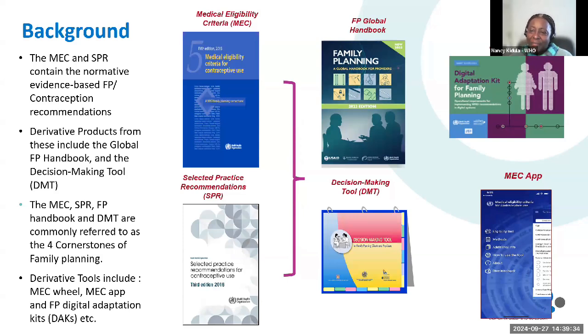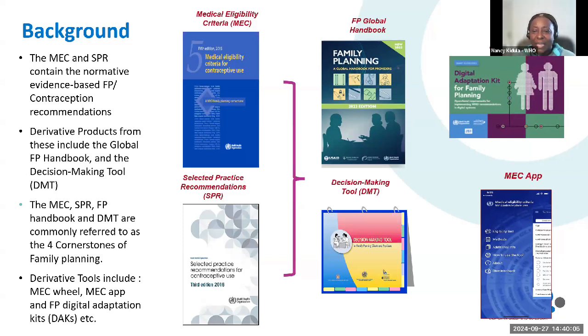From these, we have now what we call derivative tools. The derivative tools include the MEC wheel, the MEC app, the FP DAX, and other tools that have been derived from these 2 main products to facilitate translation of the recommendations into practical guidance and to ease the provision of contraception.